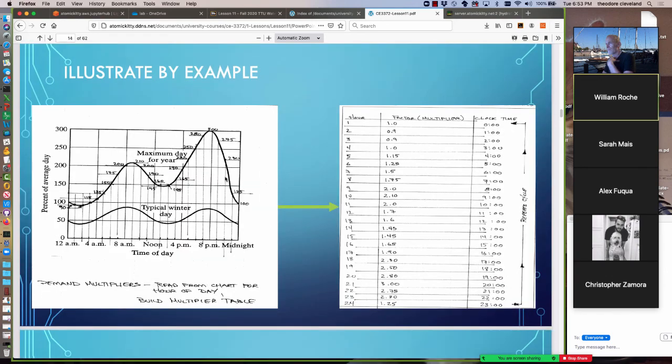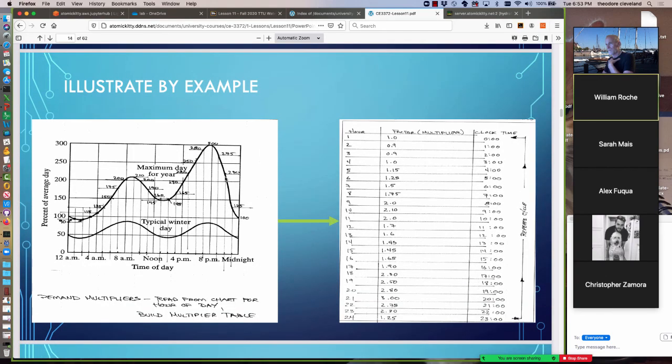And so our next step would be this demand multiplier construction. So this graphic is taken from, I think, one of my Metcalf and Eddy wastewater books, but it might be from a water engineering book by Montgomery Watson Americas before they changed their name.